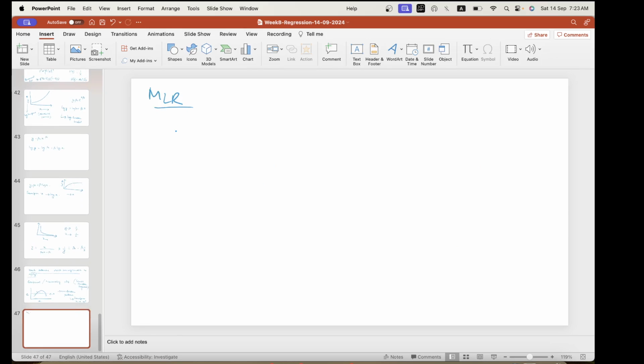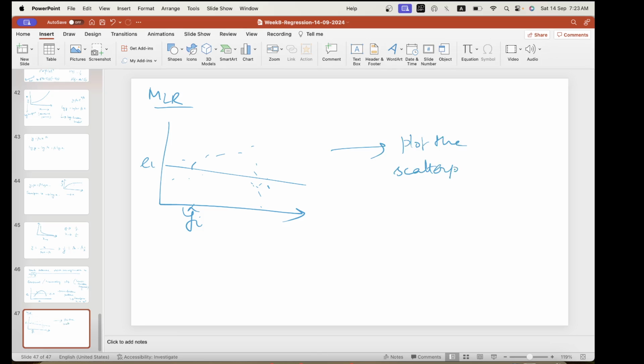In case of multiple linear regression, we fit e_i versus predicted y_i, and even if we find some sort of non-normality, or patterns forming here and there, we could go ahead and plot the scatter plot between y and x.